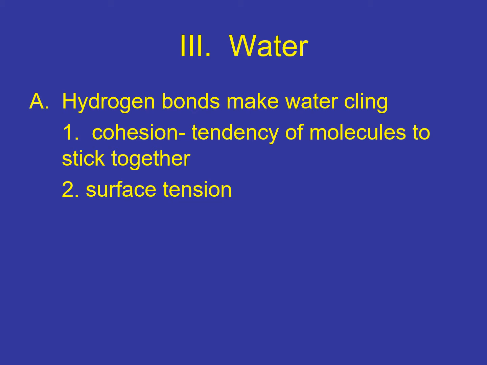Water also exhibits surface tension. So at the surface of a body of water, the hydrogen bonds create sort of a surface film that can even bear weight. And there are entire communities of organisms that exist on that surface tension.